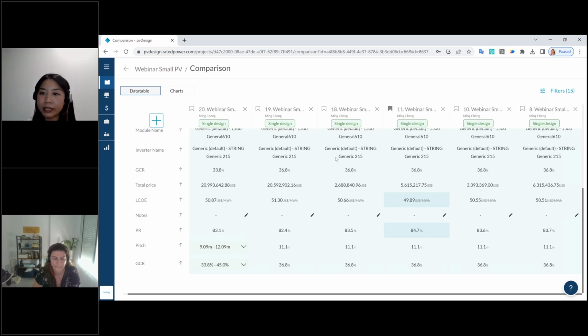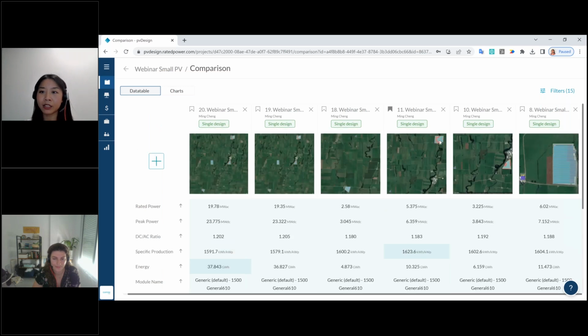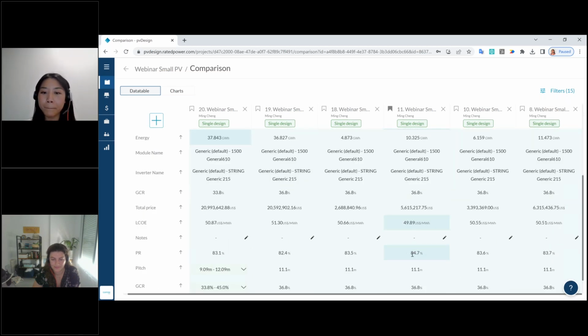For example, among the 6, I am seeing number 11, which is actually my 4th, the agri-PV plant, has the highest specific production and the best performance ratio. And of course, the lowest LCOE because they're interconnected.